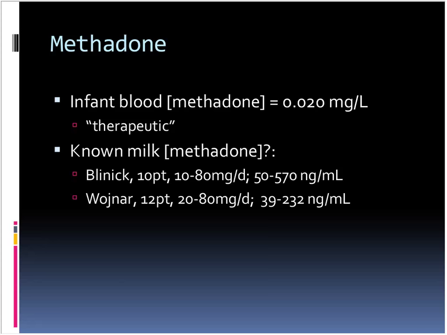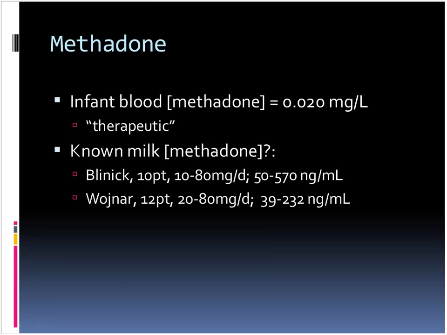They obtain therapeutic ranges from adults who are taking methadone on a regular basis. So something that comes back therapeutic, while it may be so for an adult who takes methadone on a regular basis, for an infant who has never been exposed to opioids would certainly cause symptoms and does seem consistent with the symptomatology. So do we know what the milk concentration of methadone is?